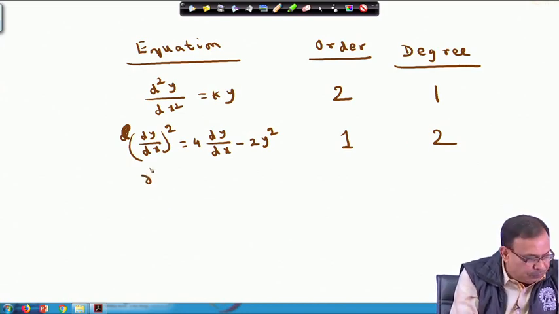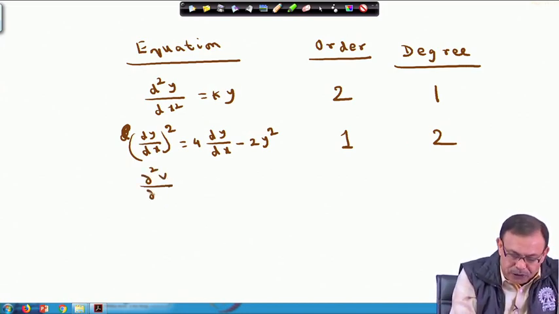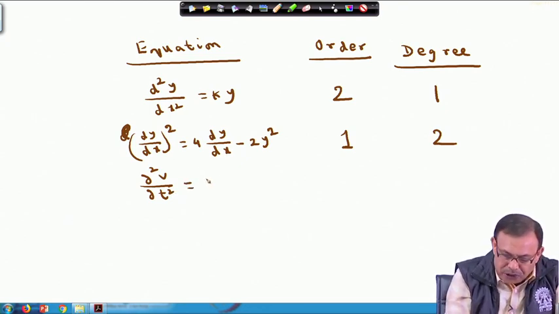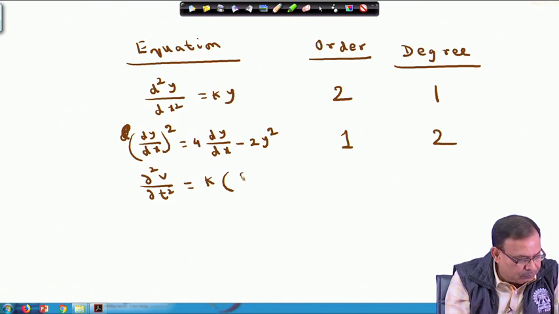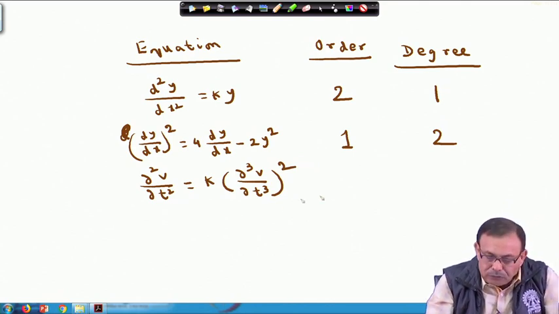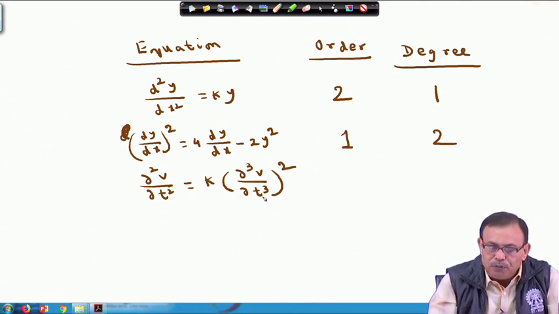You see this one, ∂²v/∂t² = k (∂³v/∂t³)². So, what is the highest order appearing?